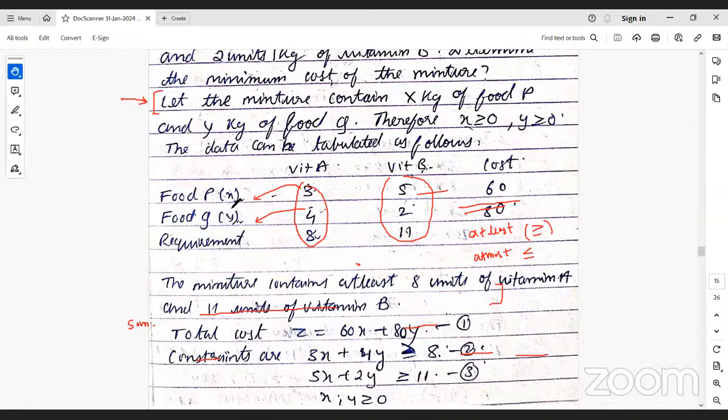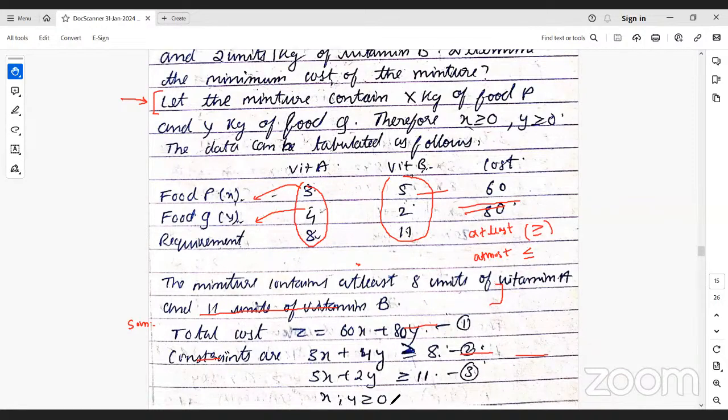The requirement is 11, so it will be greater than equal to 11. And then we have considered the non-negative constraints, x, y greater than equal to 0.